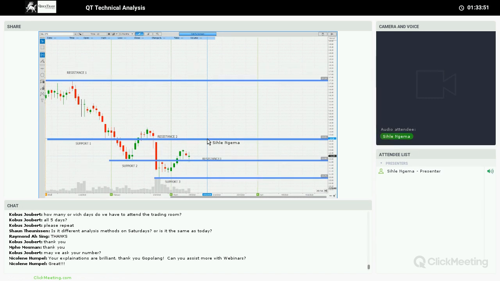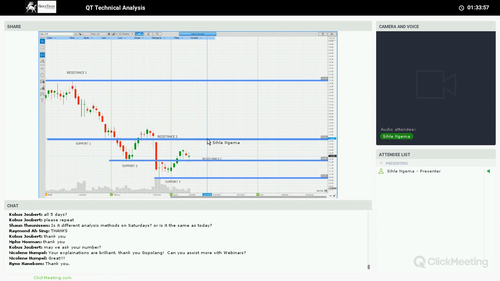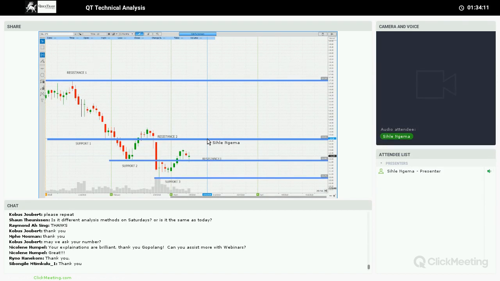I will first do what we've done today, identifying support, resistance and the trend. After that, I'm going to confirm the analysis by looking at how the indicator works hand in hand with the chart that we have just analyzed.